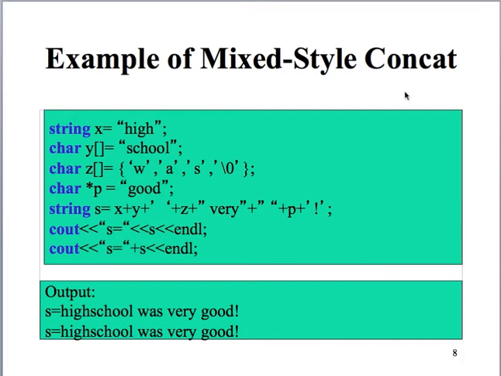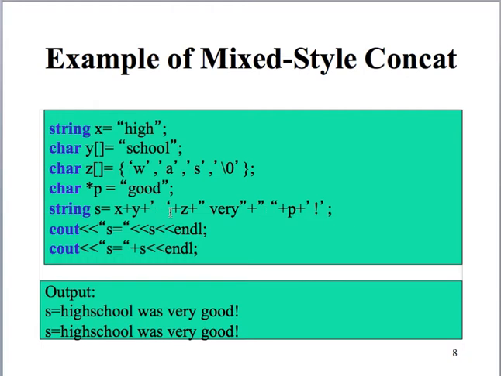So here's some examples using that mixed style concatenation. So here we have a string object x that has hi, and then y is an array of characters that has school in it, and z is also an array of characters that has the individual characters w, a, and s and a null, and then p is a character pointer with good in it, and then we concatenate all those things together, including some spaces.